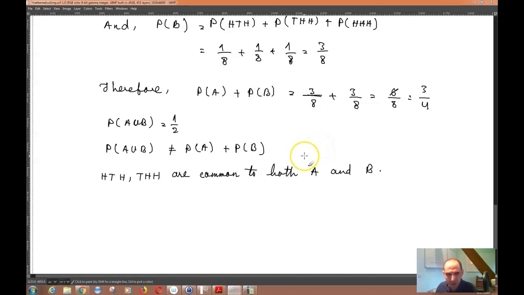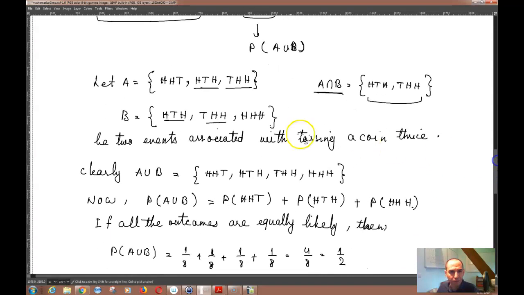So what that means is, over here we have A and B. It's pretty simple, we can figure that out. In A and B, these two are common between the two events, right?